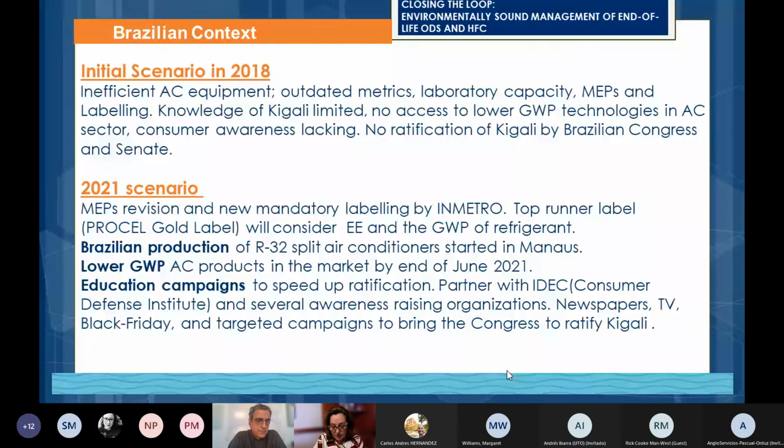Also, a large civil society network was created in partnership with the Consumer Defense Institute, generating very successful media campaigns, so as to educate the consumer to purchase more environmentally friendly equipment. And Kigali ratification is about to be approved by the Congress.